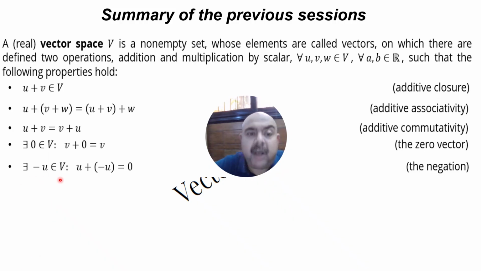Bottom line, if you have, for example, (1, 1), then you should have (-1, -1). If you have (2, 3), you should have (-2, -3). Once you add them together, you will get the 0 of this vector space. So we are talking about an enormous number of vectors where, when you add them together, the result will exist, and when you multiply, the result will exist.